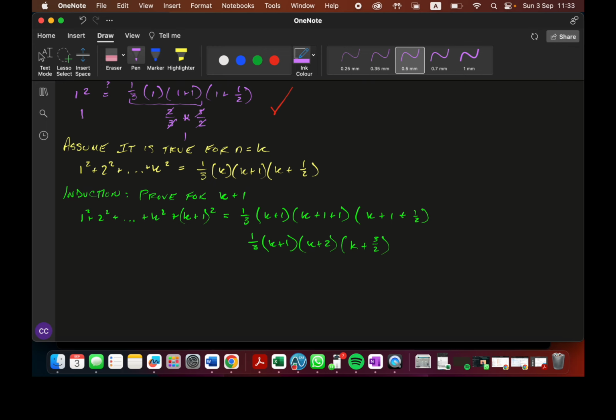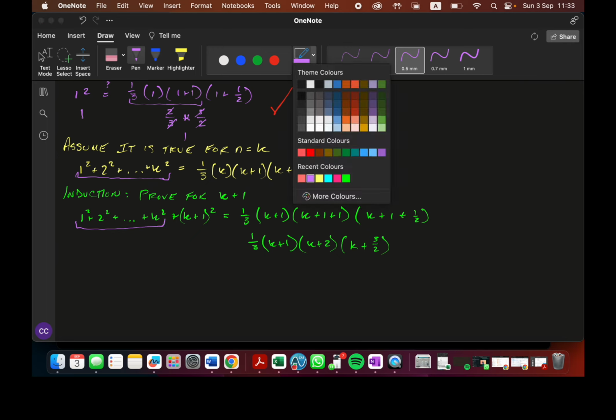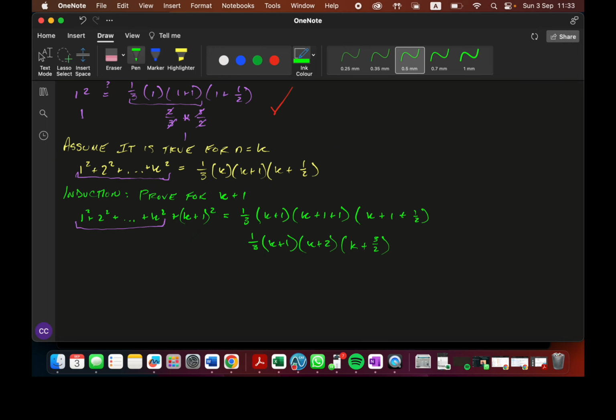Now we have to recognize that this is the front half of that, which means I can rewrite this as 1/3 k times k plus 1 times k plus 1/2, plus k plus 1 squared. So that's going to be my left-hand side, and that's where I'm going to try to do all my work.